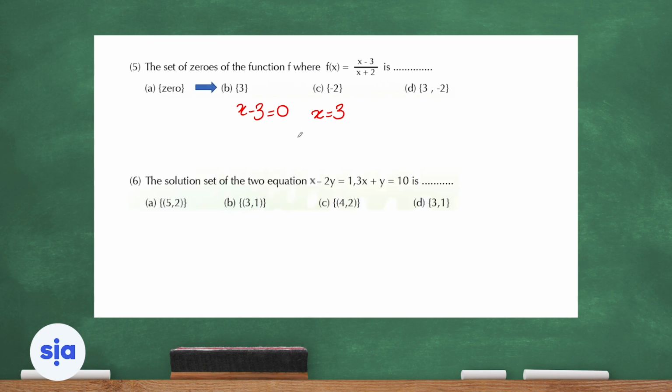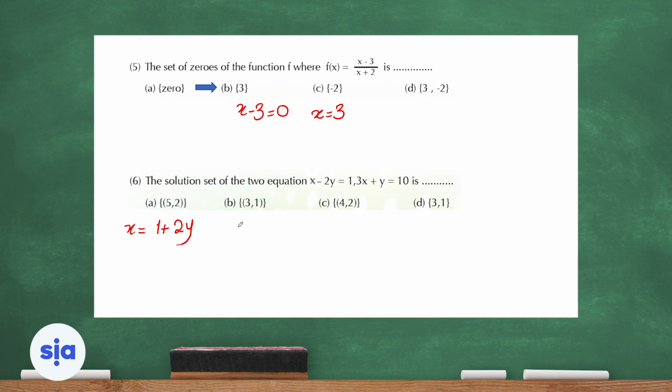Question 6. The solution set of the two equations x minus 2y equal 1 and 3x plus y equal 10. I have the two equations, so the first one, we make it as x equals 1 plus 2y.